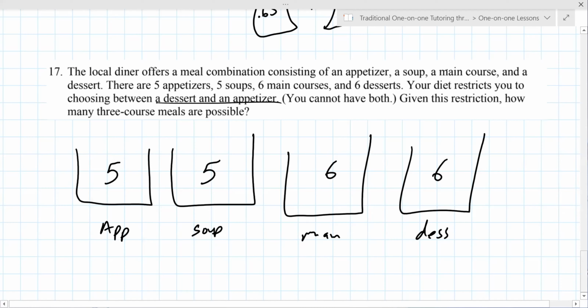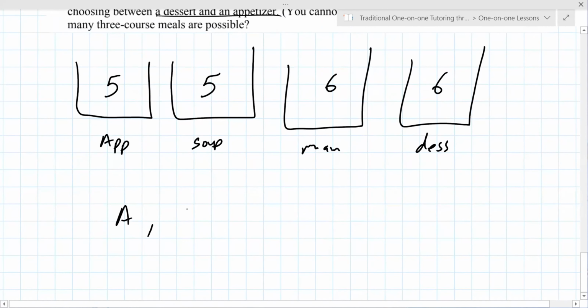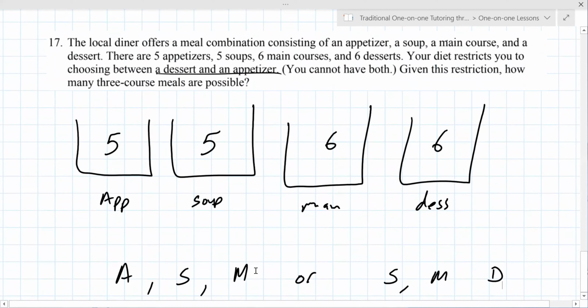You're either getting a dessert or an appetizer. So here are the possibilities: you either go appetizer, soup, main, or soup, main, dessert. Is that clear? Yes. So if you go appetizer, soup, main, that's 5 times 5 times 6. And if you get soup, main, dessert, that's 5 times 6 times 6.